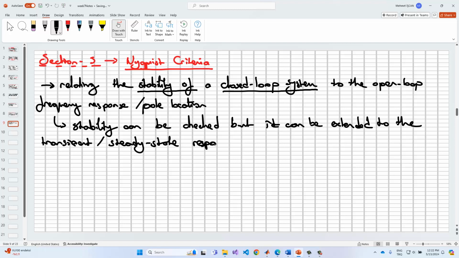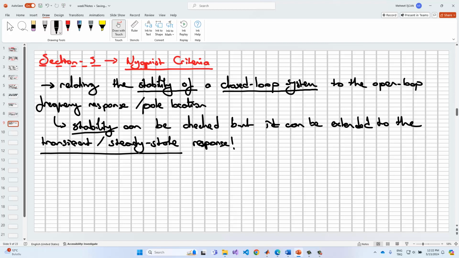Which means that we can design the controller based on this information. So the Nyquist criteria or the frequency domain design are focused on designing your controller on the basis of the frequency response.